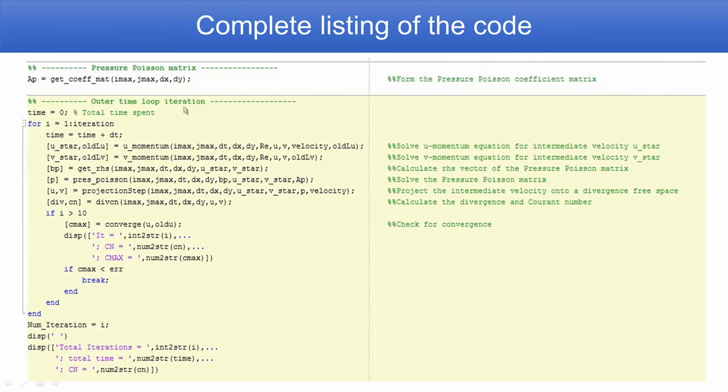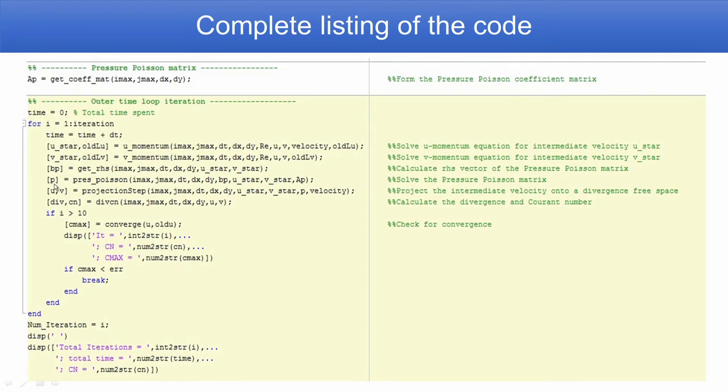And you have a complete listing of the code. We have already seen it part by part. The first line is for the pressure Poisson coefficient matrix, then you have the outer loop, time step, then the iteration starts. We calculate u momentum and v momentum separately, and this line corresponds to the right side vector of the pressure Poisson matrix.